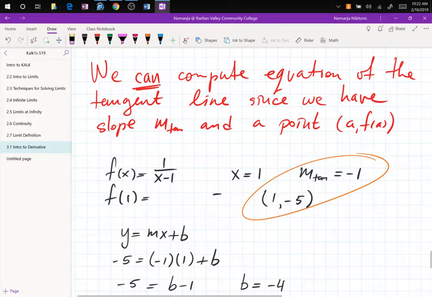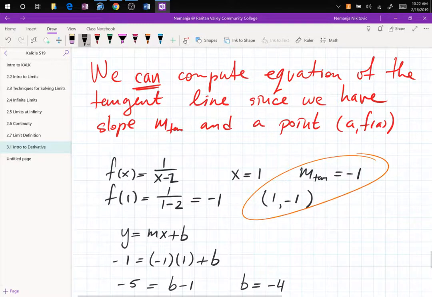So f of 1 is 1 minus 2, which is equal to -1.